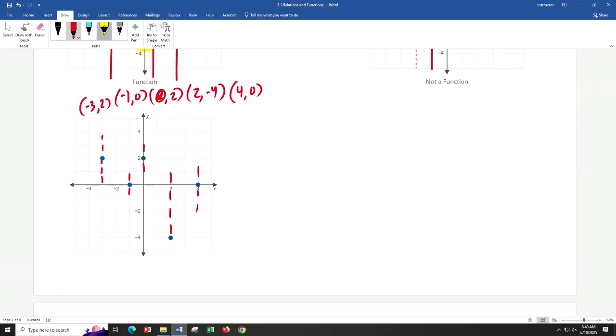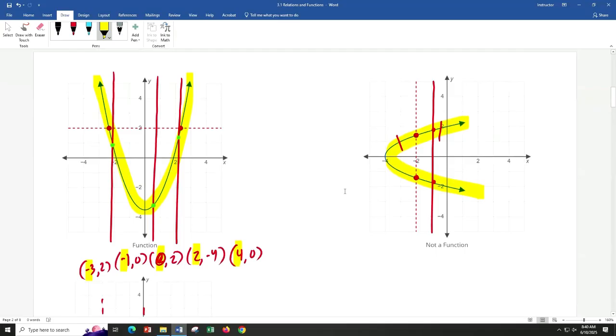So notice, not one of these is the same. You have a function. Okay. So don't get hung up too much. What we're looking for with functions, and like I said, we're going to be getting deeper into this, is we are wanting to make sure that no matter what happens, we do not have x values happen twice in there at all.